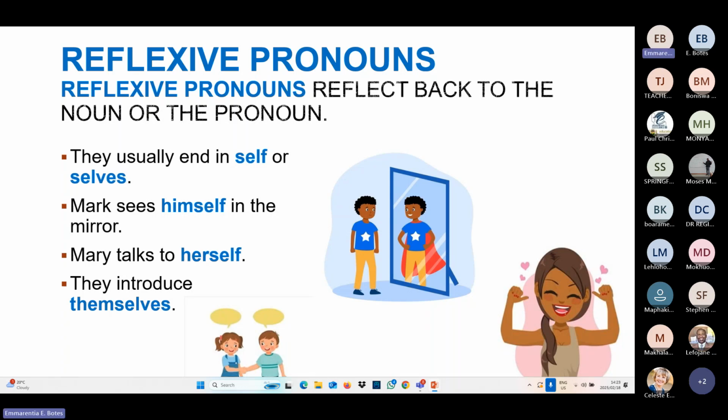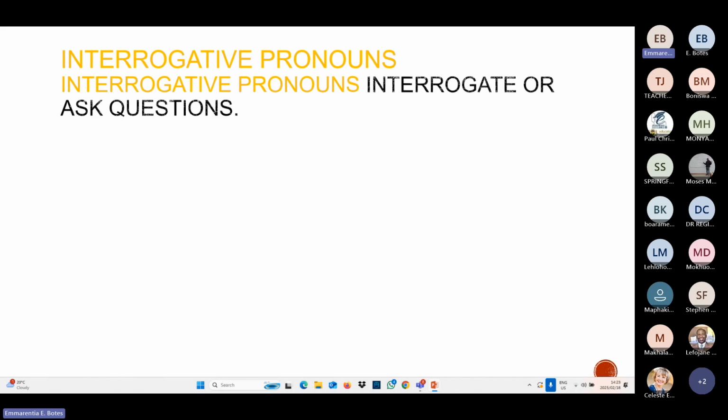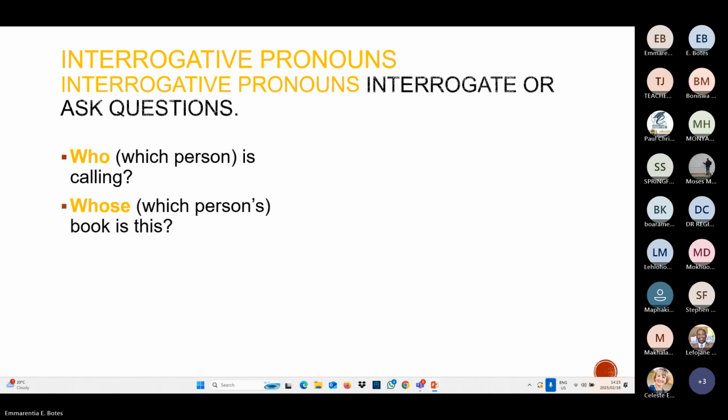Then when we look at our last one for today, interrogative pronouns. They interrogate or they ask questions. You can think of them like detectives. They always want to know what's happening. For example, who is calling? So who will be the interrogative pronoun.